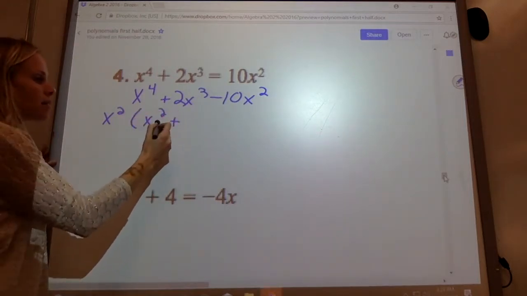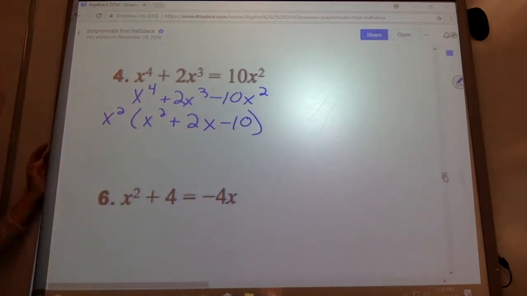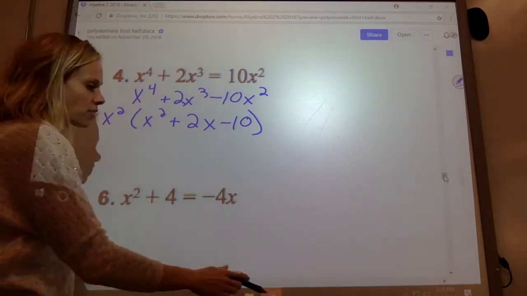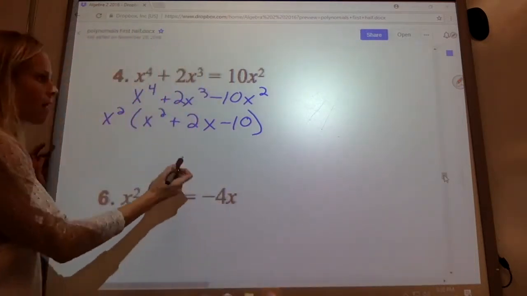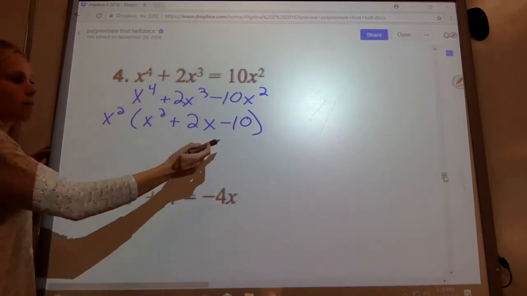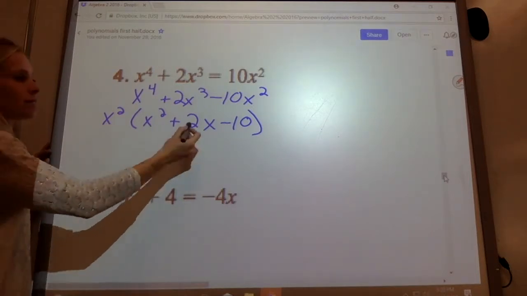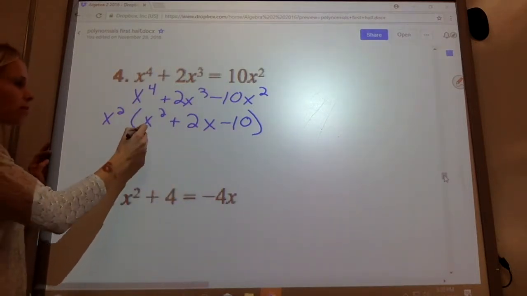So what happens is I end up with a quadratic. So this doesn't use any of the new methods that I learned today. This is one of the ones that we had on our last assignment. But the catch on this one is that this is not factorable. What do I multiply equals -10 but add equals 2? Not factorable. So how do I solve a quadratic? Quadratic formula. Yep.